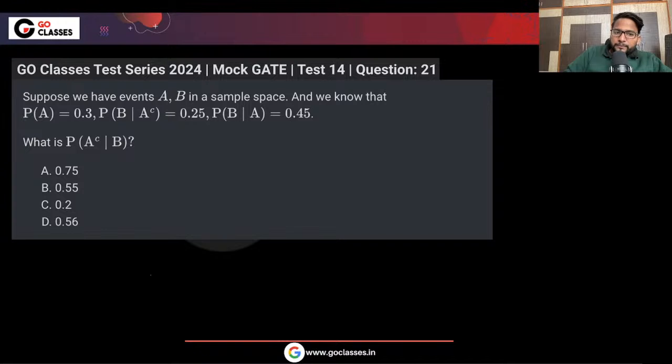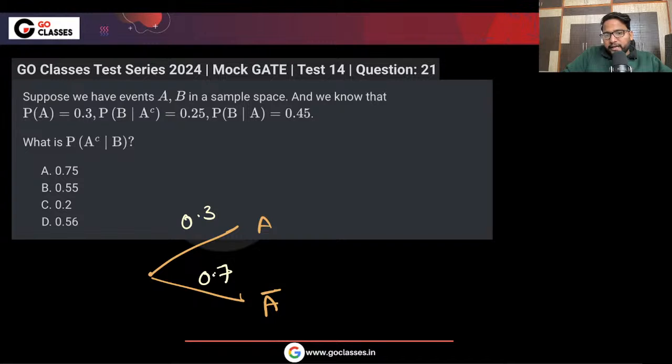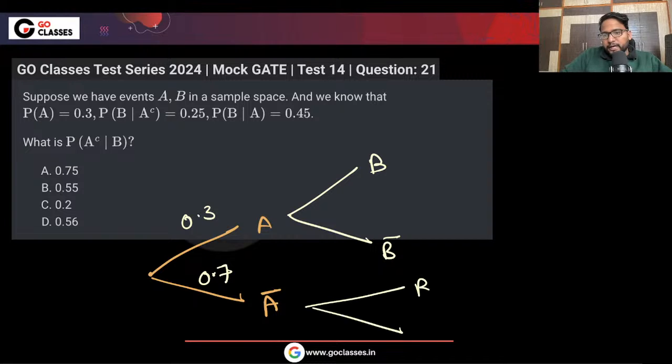So maybe you can say the probability of A and A complement are given to you, and this probability is 0.3. You can do it quickly with a tree diagram. This is 0.7, and then from here this is B and B complement, and from here also B and B complement.